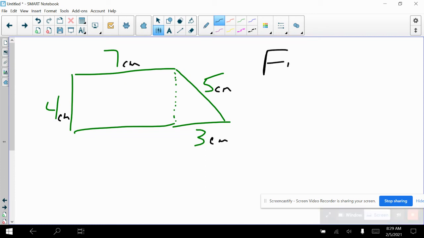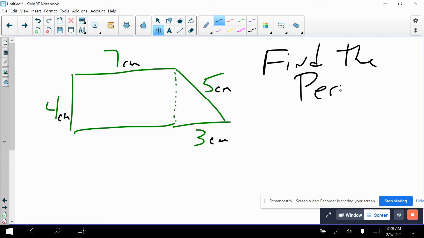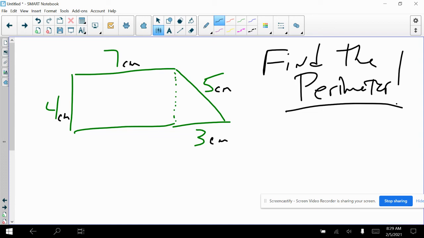Again, nothing's changing. We're going to find the perimeter. So what shapes? Just yell out the shapes that we got. Got a rectangle and a triangle. Okay. What's the distance from here to here? 7 centimeters.